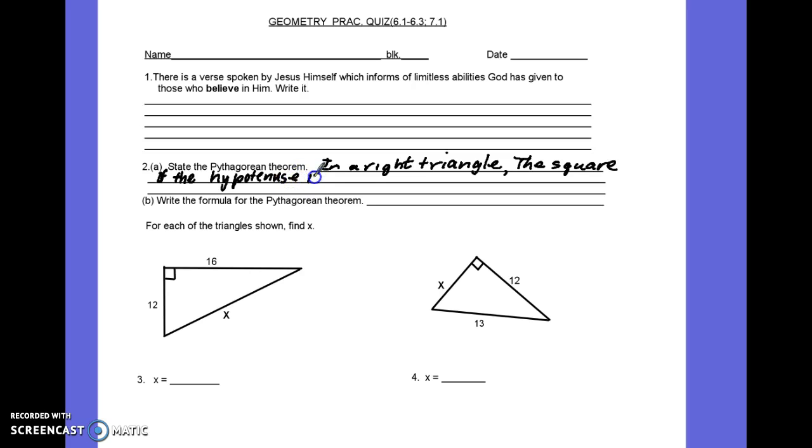is equal to the sum of the squares of the legs.